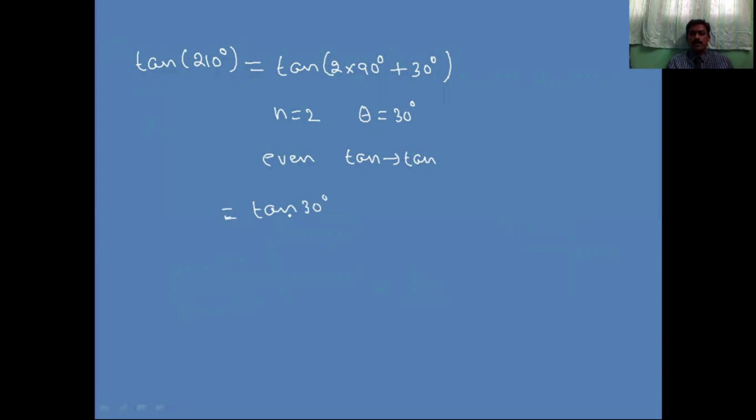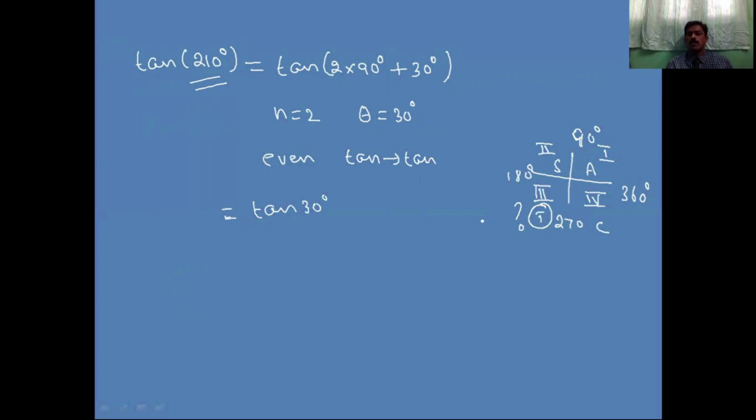By the quadrant form, we should find where the angle lies. So it is 90 degrees, 180, 270, and this is 360. The angle is given as 210. It lies here. This is All Silver Tea Cups. So here it lies in the third quadrant.